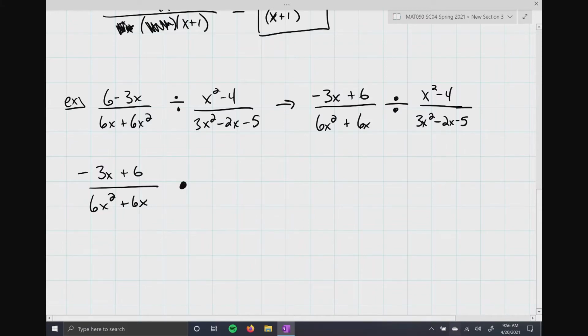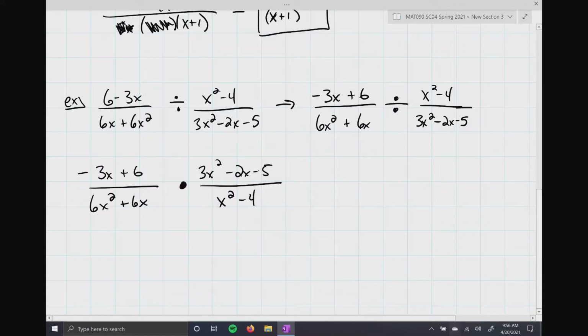The reciprocal is just flipping it over. So I get 3x squared minus 2x minus 5 in the numerator, and x squared minus 4 in the denominator. So now step one is completely done.